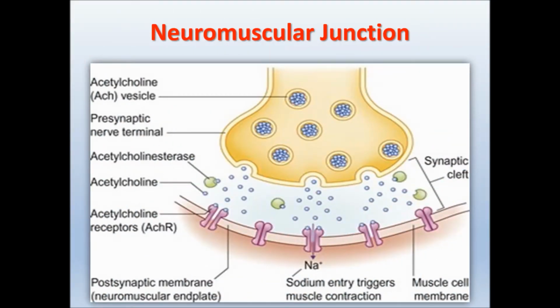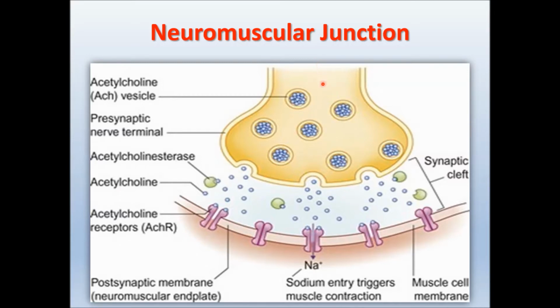Now, we have to talk about a little bit of the physiology of the neuromuscular junction in order to understand the difference between the two types. First, when there is a muscle contraction order, there is a nerve impulse that travels through the nerve fibers.